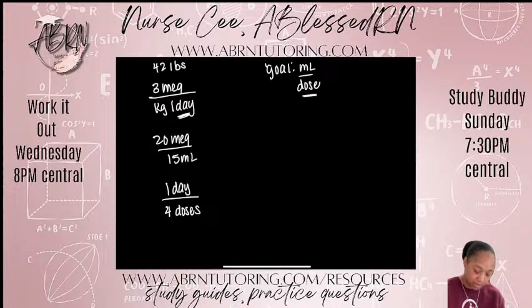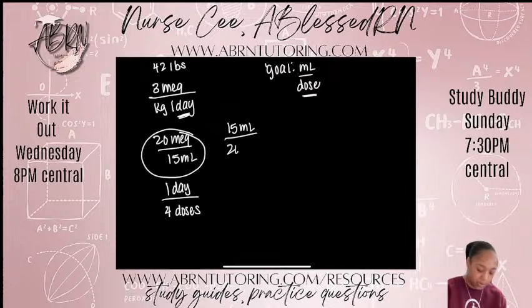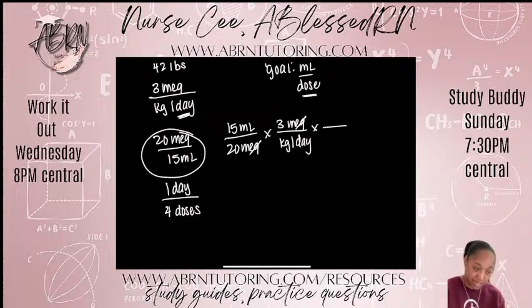All right. So start with what we're looking for. This puzzle piece, we've got 15 mL per 20 mEq times our 3 mEq per kilogram per day. So it doesn't matter what they give you. As long as you line your units up and you cross them out and you got your goal, you're going to get it, okay?